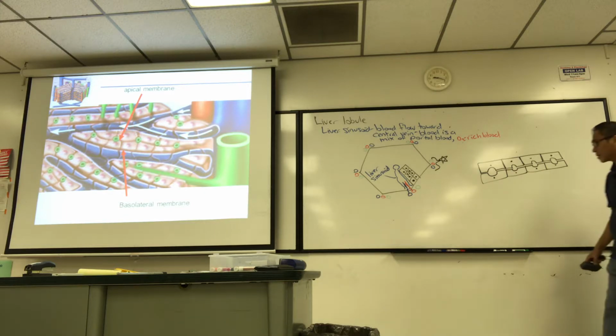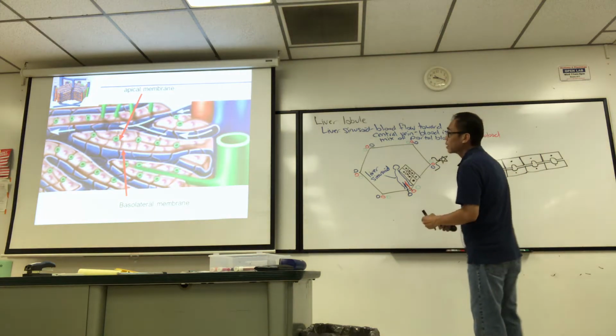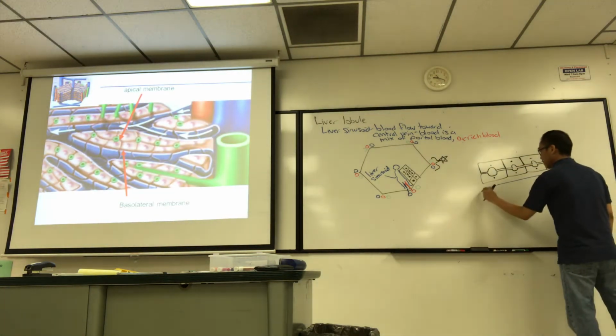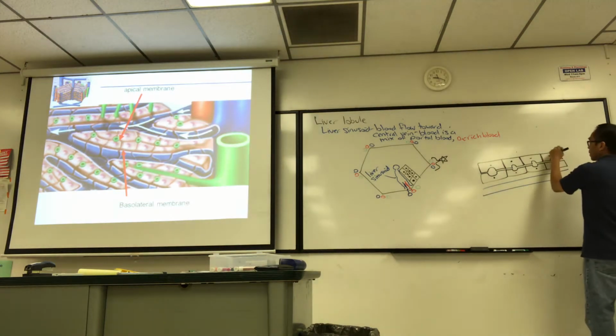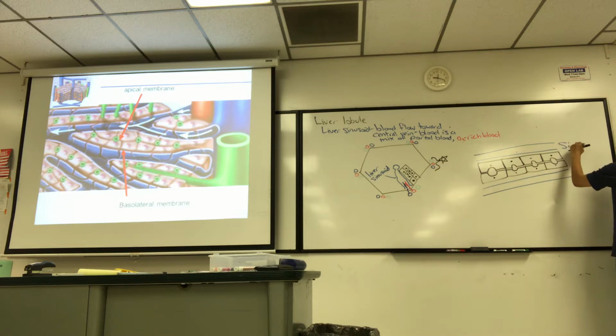Okay, and there's a sinusoid on either side. So that way, with two rows only, each side faces blood.